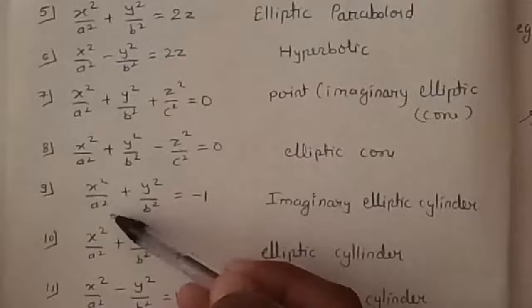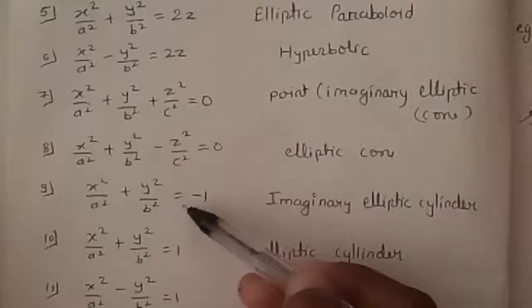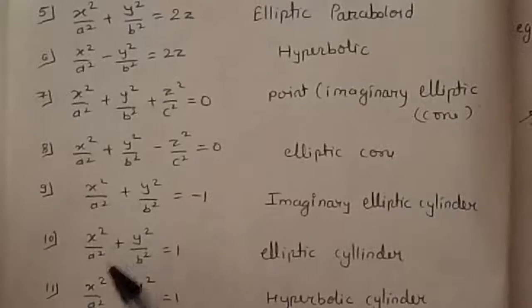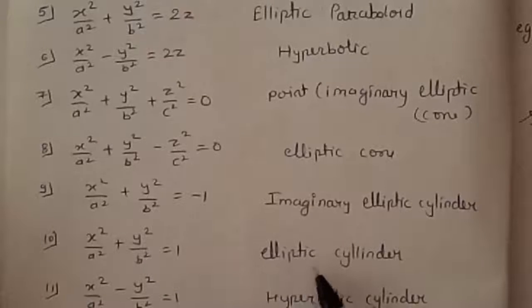If x square upon a square plus y square upon b square is equal to minus 1, then this is an imaginary elliptic cylinder. If it is equal to 1, then this is an elliptic cylinder. If x square upon a square minus y square upon b square is equal to 1, then this is a hyperbolic cylinder.